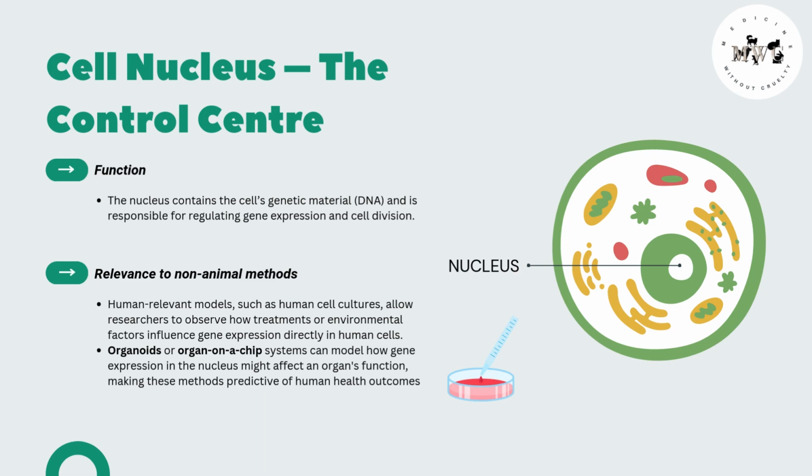It's important to non-animal methods because of human-relevant models, such as human cell cultures. And just to remind you what a cell culture is, cell culture refers to the removal of cells and their growth within an artificial environment. So we're taking cells, it might be from a blood sample, it might even be that if we swab our cheek, we can obtain cells from that method.